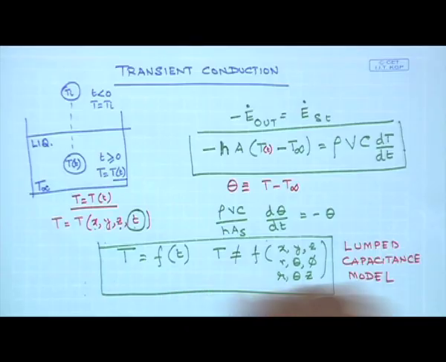However, one can make an assumption which would simplify the problem significantly, and one of those assumptions which I mentioned in the last class is, if we assume that the temperature in the solid object is a function only of time, but it is not a function of the space coordinates, then what we would get out of the physical statement of the problem is an ordinary differential equation, which then can be solved using appropriate boundary conditions, and you would get the temperature variation of the solid as a function of time only.